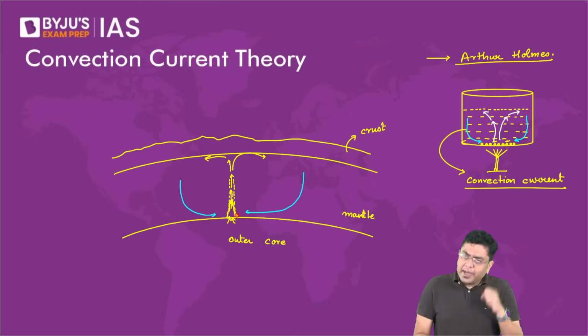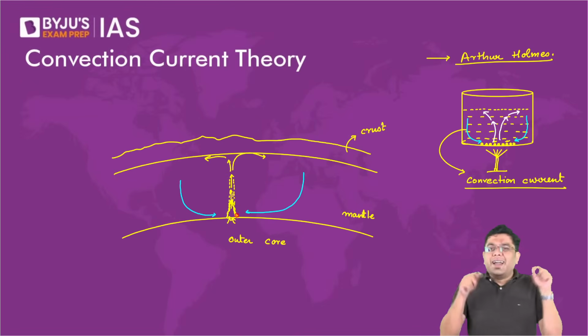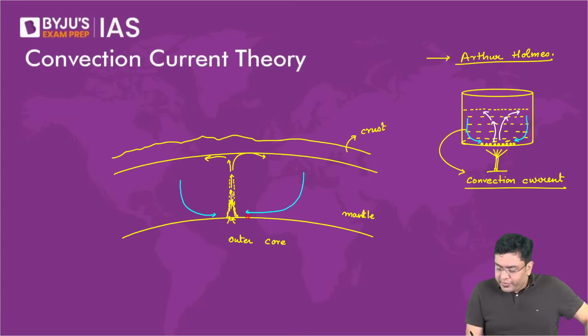Now, this is what is a convection current. So this is what is a convection current in the mantle. And why is this relevant?